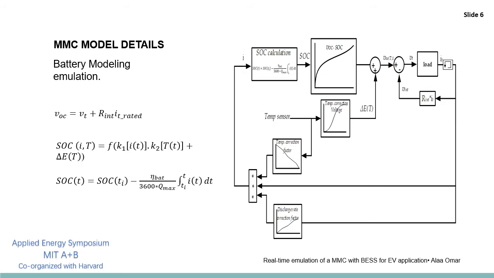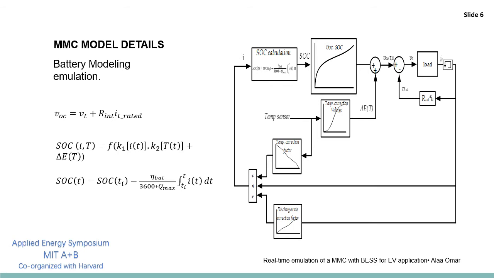As shown in this figure, the battery current is multiplied by these correction factors, the discharge rate and the temperature correction factor. Then the state of charge is calculated using the equation at the bottom of this slide. Then the state of charge is used to calculate the open circuit voltage using the lookup table of the battery curve.